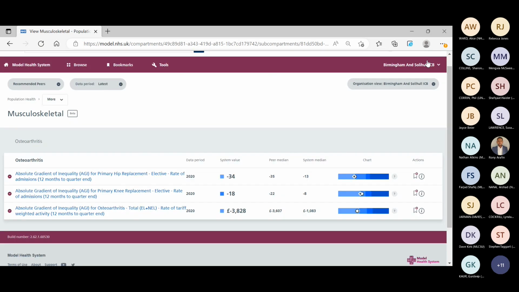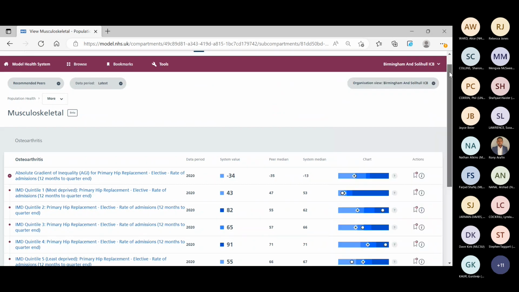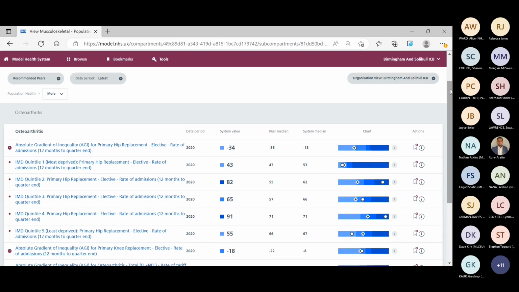We also provide a breakdown by deprivation quintile. You can see here for this ICB that in the most deprived quintile, the rate is 43 hip replacements per 100,000 population, whereas in the fourth quintile, it's 91 hip replacements per 100,000 population.